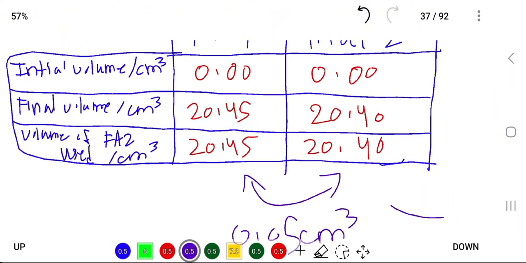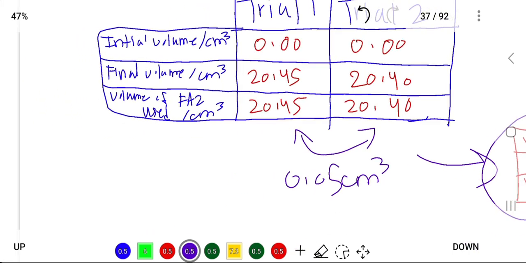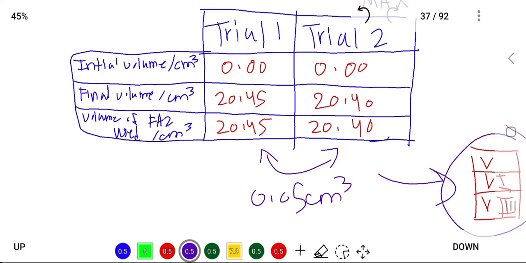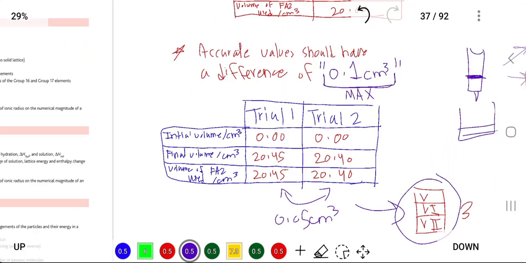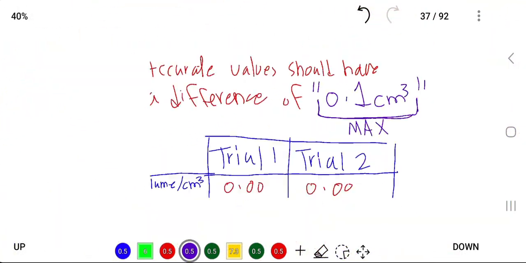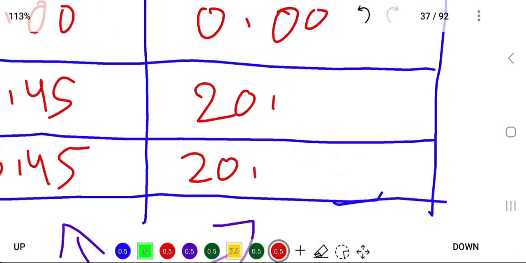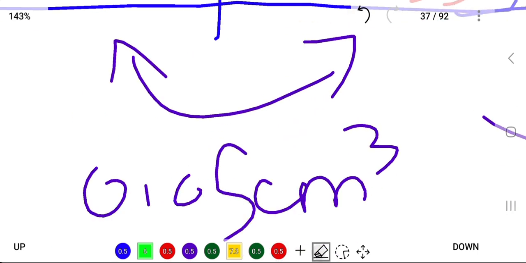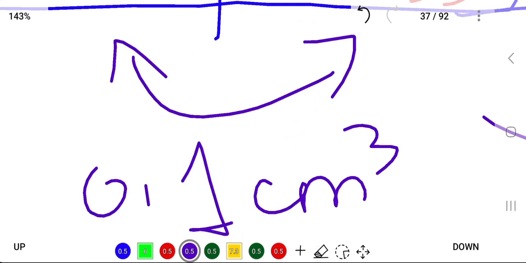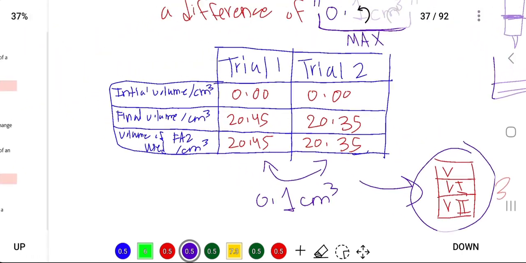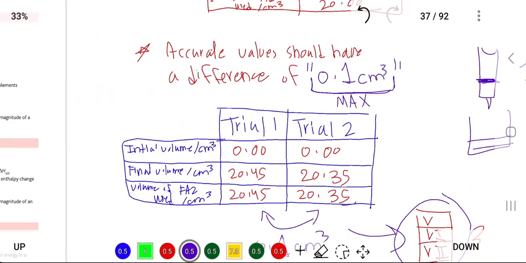With the difference of the titers in here, from FA2, being 0.05, which is way better and in the range of the max 0.1. But let's make it back to whatever it was, so you guys won't get confused. Your difference is 0.1, so you got, in fact, the accurate marks, which is actually a good job.